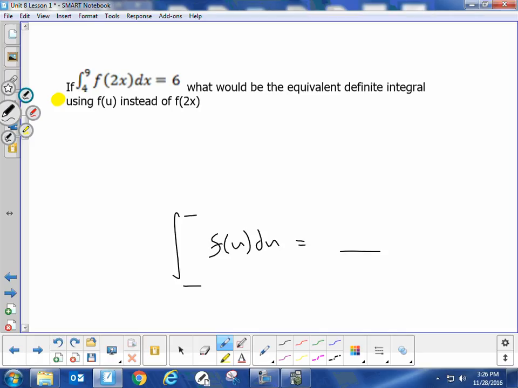What goes here, what goes here, and what ends up being over here? Well, in this case, you're going to have to know how to change those x's into u's.